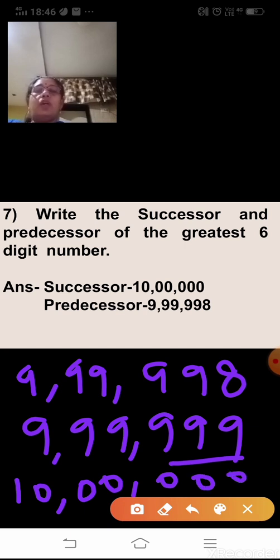That is, when you add 1 to it, you will get the 7-digit smallest number. Okay, so the successor is when you add 1 to it, and the predecessor is the before number.